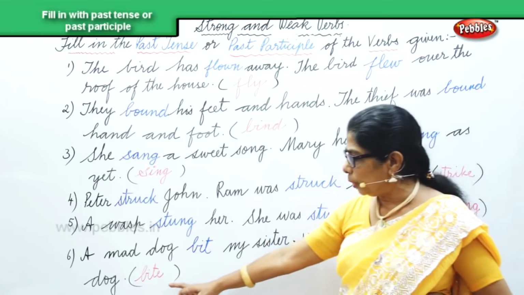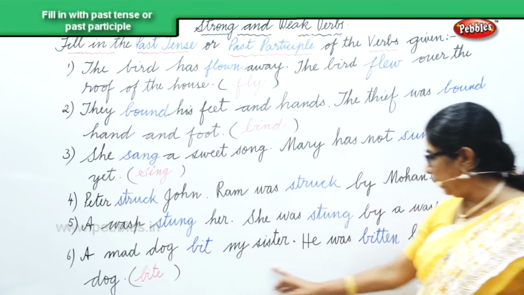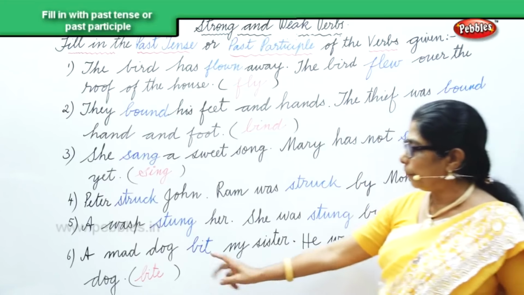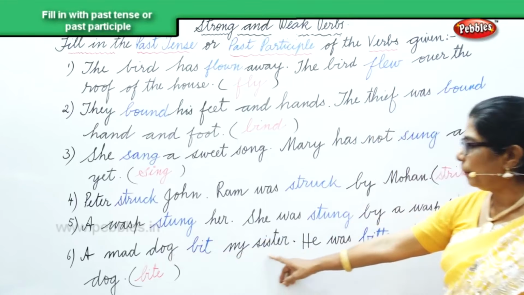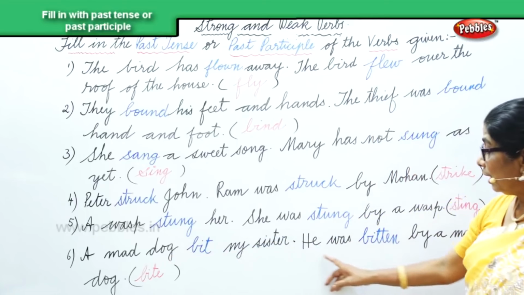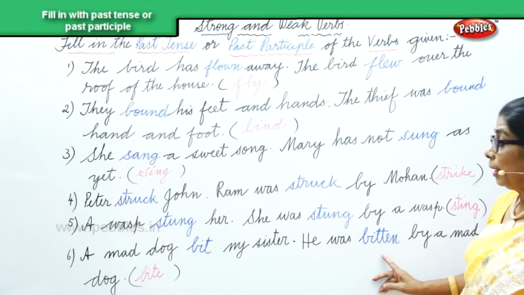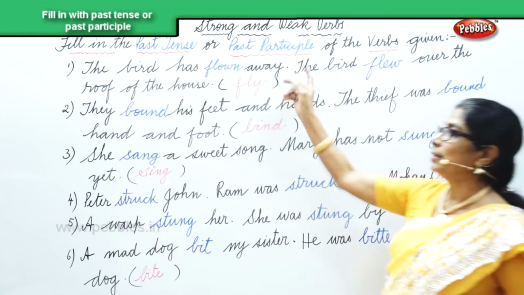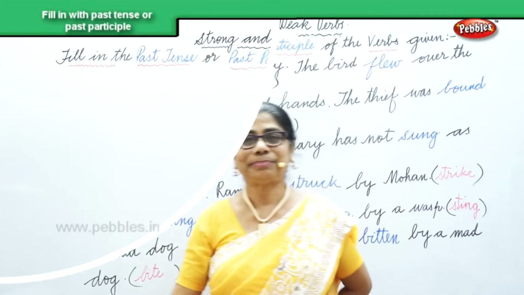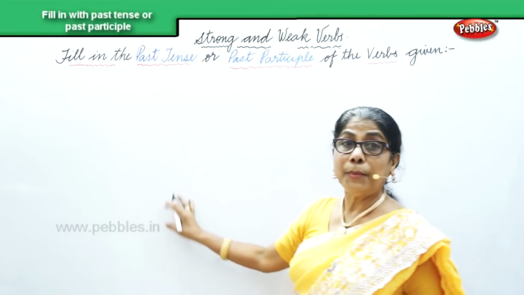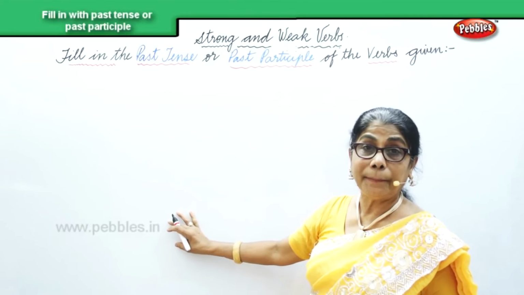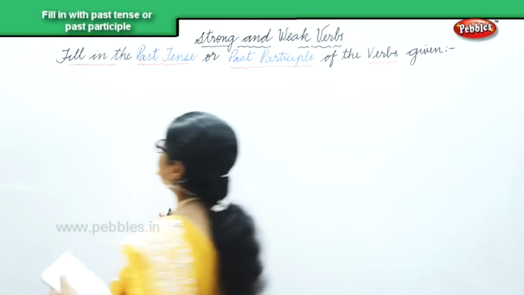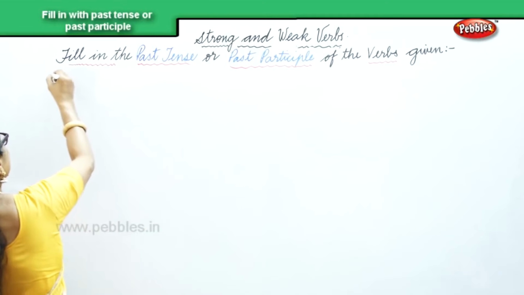Bite, bit, bitten. The mad dog bit my sister, that's the past tense. He was bitten by a mad dog, that's the past participle. We will do some more, putting the given present tense verb in the past tense and past participle. It was interesting, isn't it?